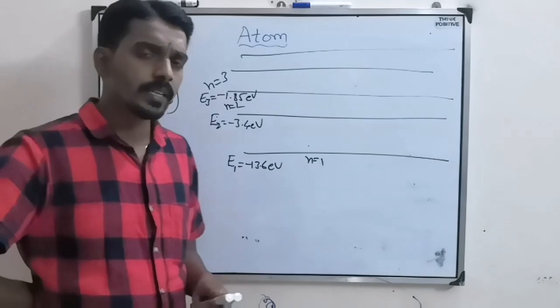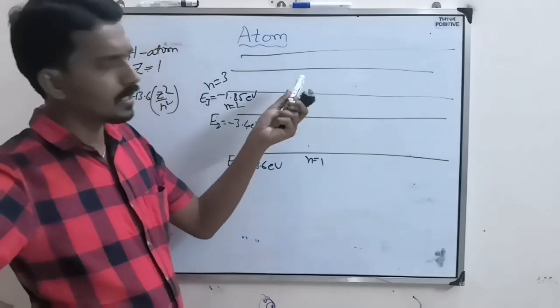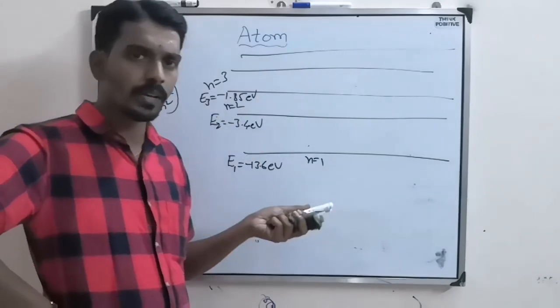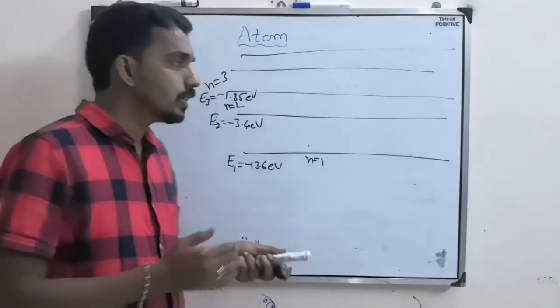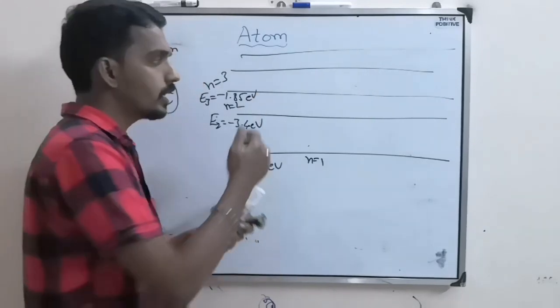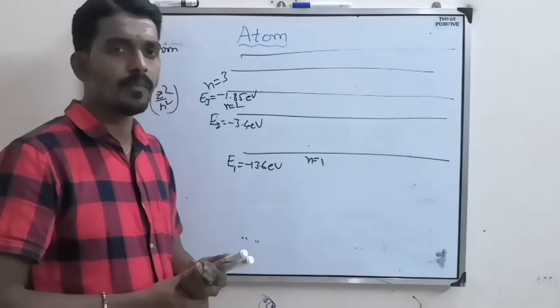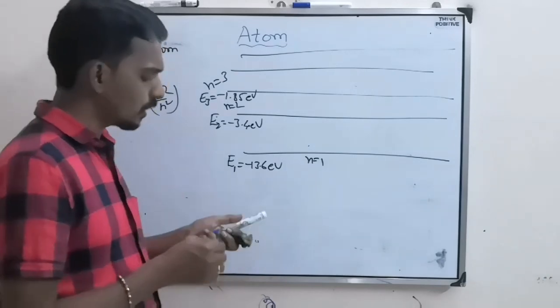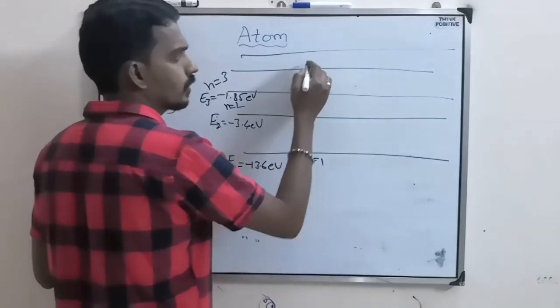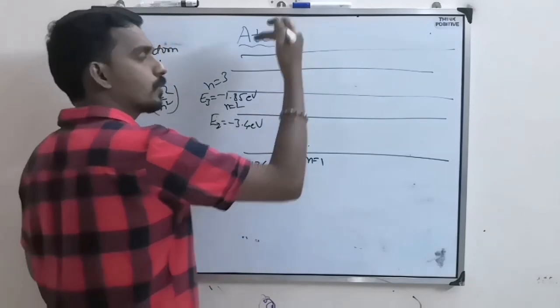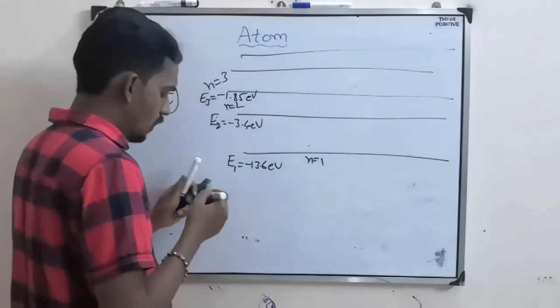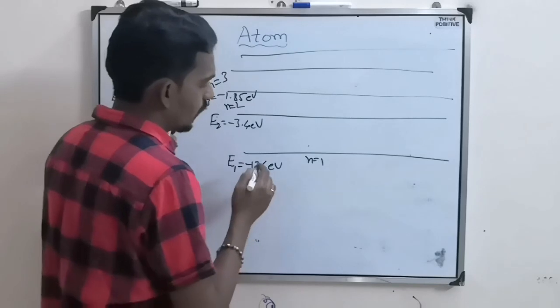Now the third postulate says that when an electron makes a transition from a higher level to a lower level, some energy is emitted in the form of a photon. So let's take the transition taking place from a higher level to a lower level. They divided it into categories.